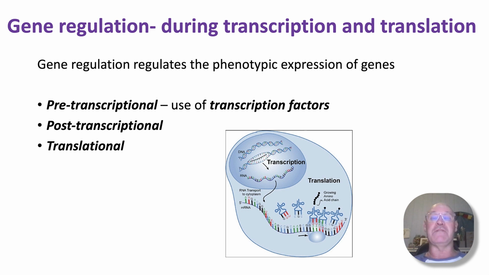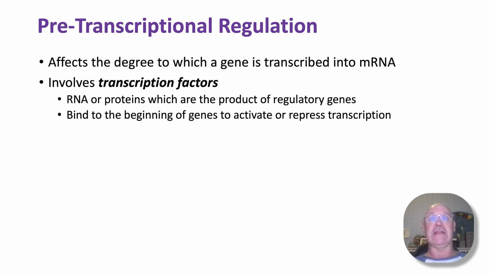And there's a number of different ways in which gene regulation occurs. It's very complex. We're obviously not going to deal with it in a tremendously complex way. The first way we're going to look at it is through the process of transcription and translation. So before and after transcription, and before and after translation. Pre-transcriptional regulation is related to transcription factors. It's basically whether the transcription process starts in the first place.